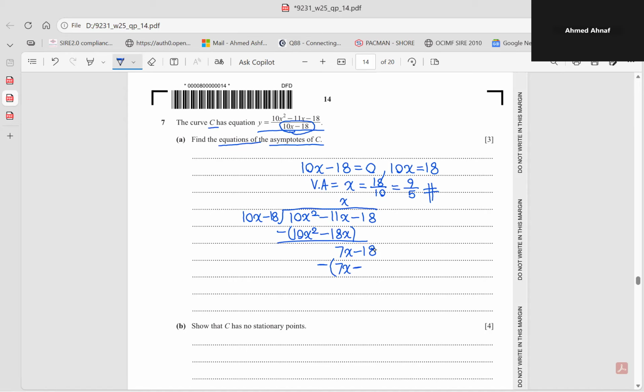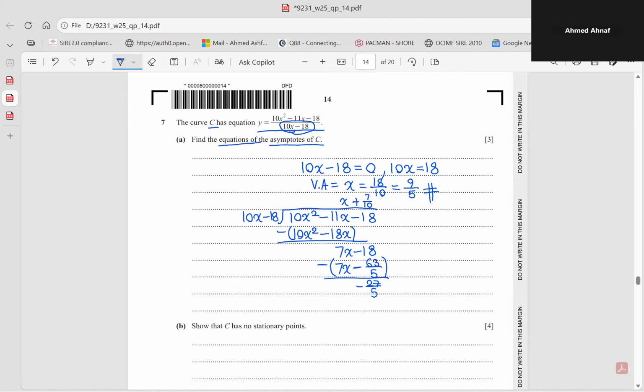So 7 over 10, 0.7 times 18, that is 63 over 5. So 63 over 5 minus 18 is minus 27 over 5 as a remainder. And the number that's multiplied here is 7 over 10.